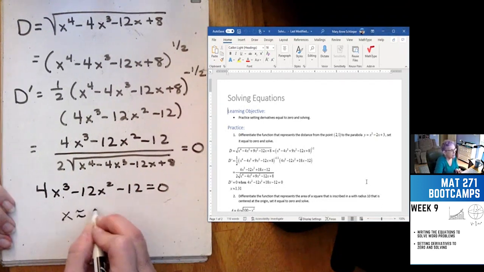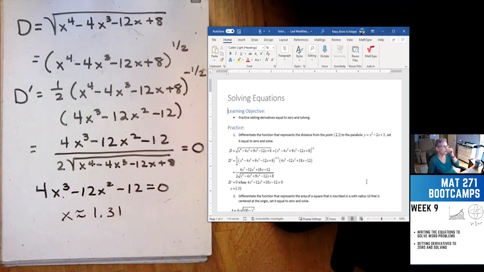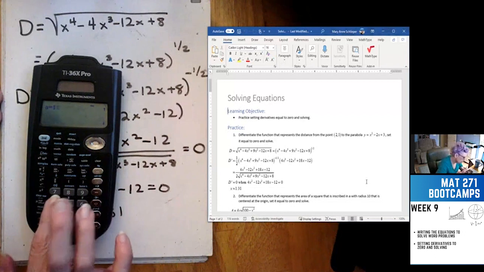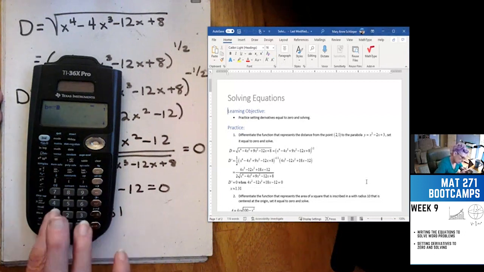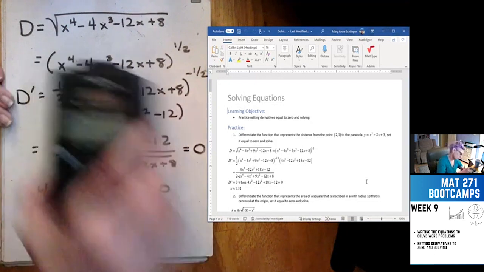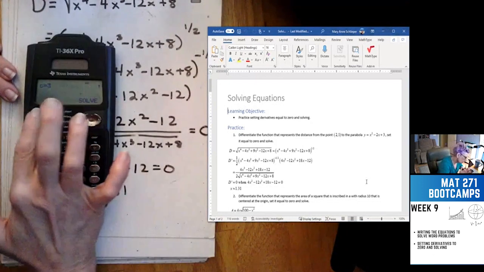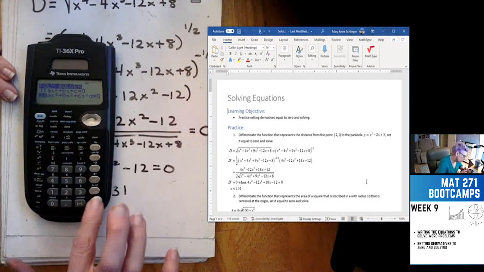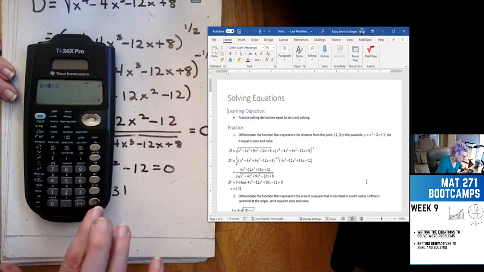I plugged it into my polysolve button and got about 1.31. So let's plug it into the old polysolve button. Let's see, 4, negative 12. And okay, this is a cubic. I need to get out and quit and start again. Probably solve my cubic equation for negative 12.